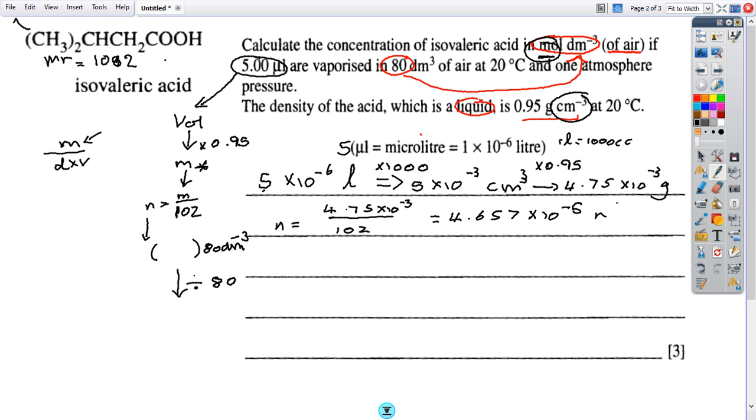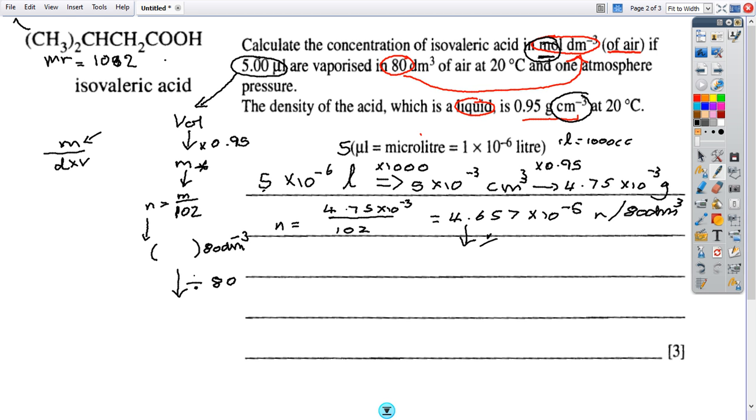So that is number of moles, but if you remember, that is number of moles per 80 decimeters cubed, because we haven't done anything with that yet in terms of the 80 dm cubed. So how do I get it then to number of moles per 1 dm cubed?